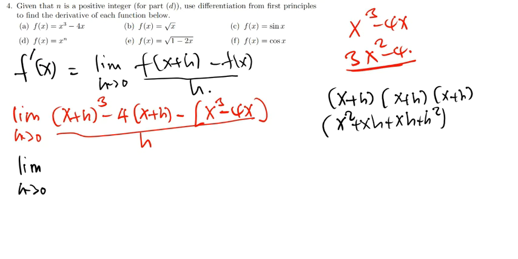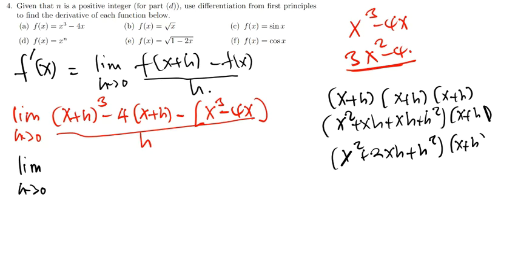This times again x plus h. So this will be x to the power 2 plus 2xh plus h squared. Then this now multiplied by x plus h. x times x squared, x to the power 3, then x squared h, plus xh squared. Again h times that one, x squared h, then that will be 2.